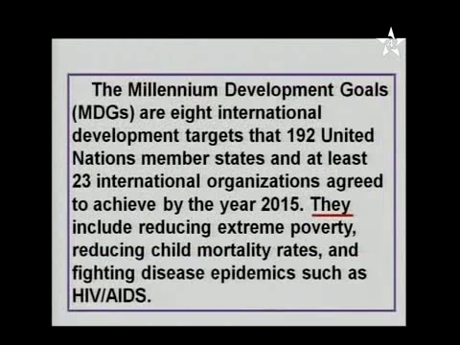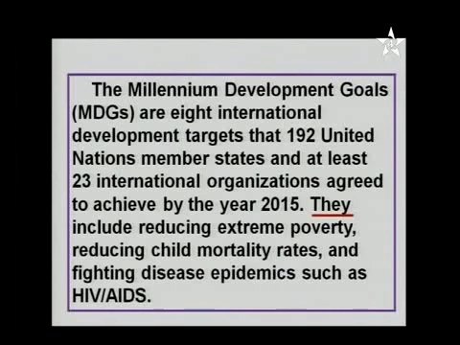All right. The Millennium Development Goals, MDGs, are 8 international development targets that 192 United Nations member states and at least 23 international organizations agreed to achieve by the year 2015.